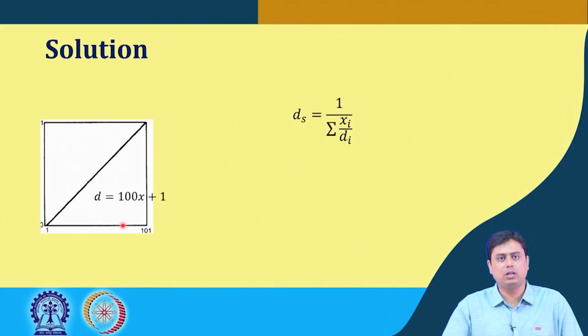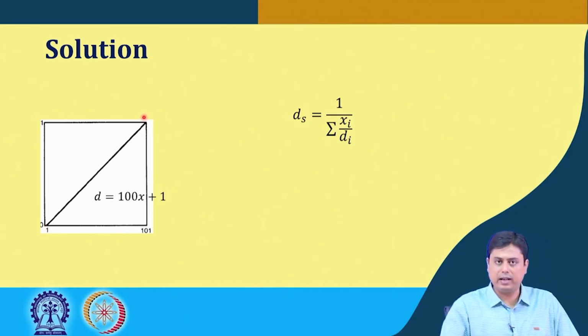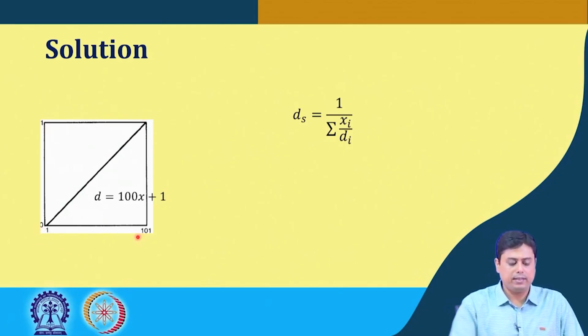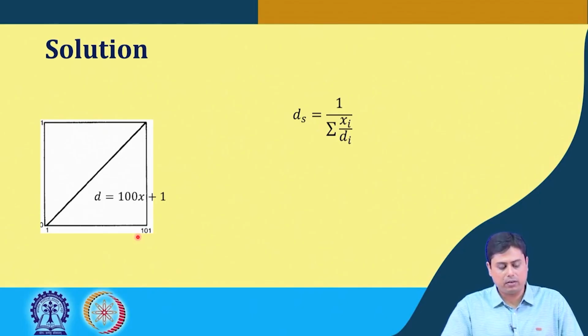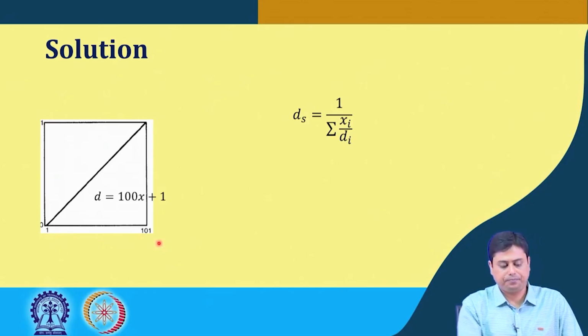This is a linear distribution, so you can easily find the equation of this straight line from the two points we have been given: 0 mass fraction for 1 micron size, and 100% mass fraction for 101 micron size. The y axis is the mass fraction from 0 to 1 and the x axis is the particle size range in micron. So the size distribution is d equals 100x plus 1.